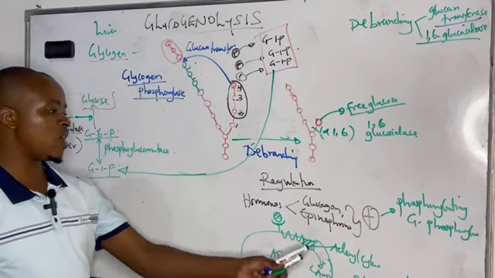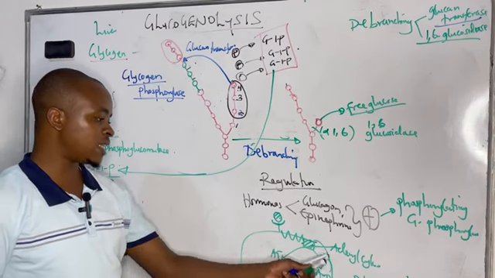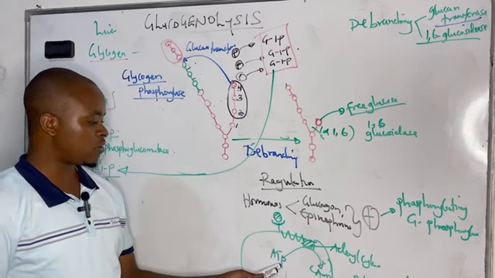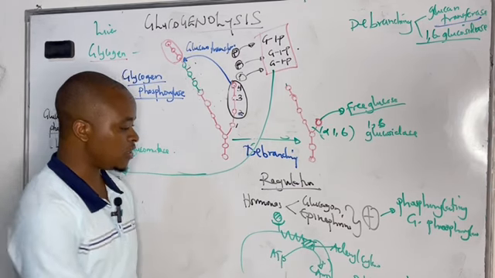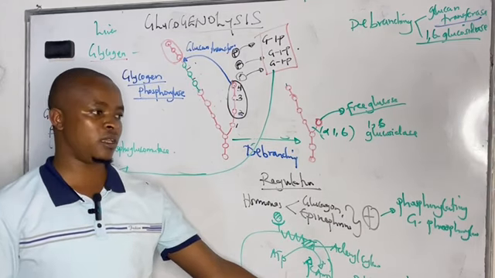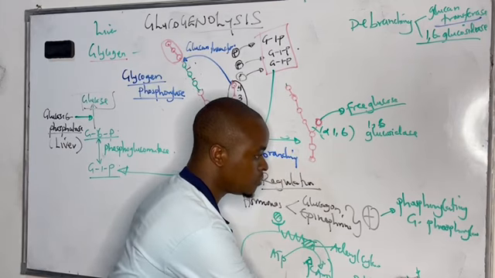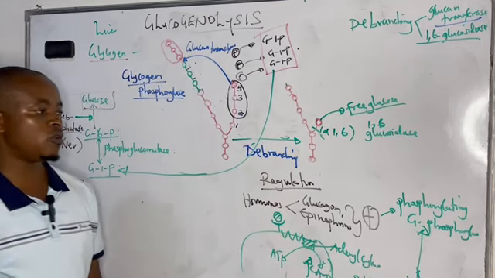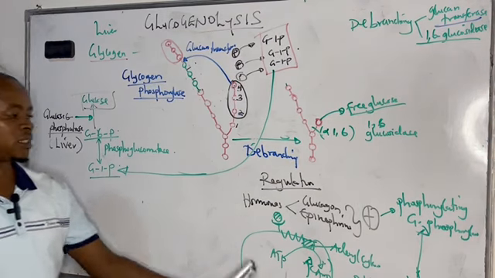So when glucagon and epinephrine bind on the G-coupled receptor, they activate the adenyl cyclase enzyme, which hydrolyzes ATP to cyclic AMP. Increased levels of cyclic AMP activate protein kinase A, which starts adding phosphate groups to glycogen phosphorylase, hence becoming active.